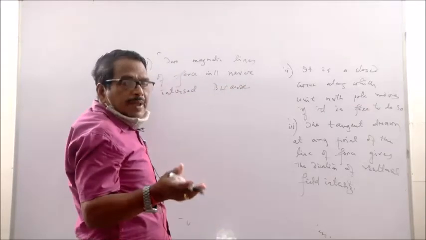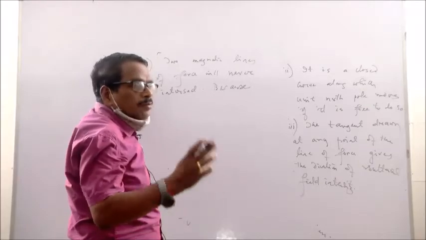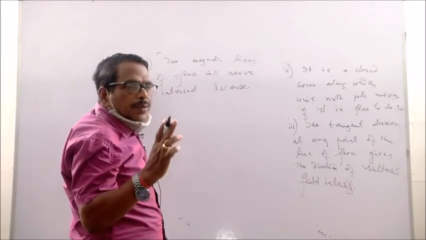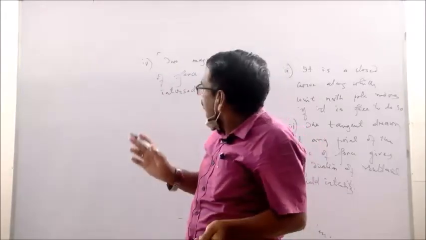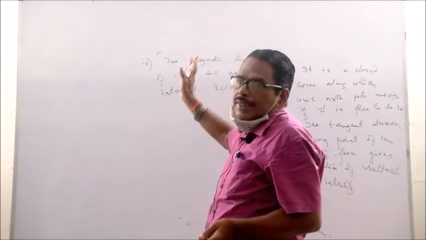Because if they intersect, suppose two lines of force intersect, at the point of intersection two tangents can be drawn. The direction of the tangent gives the direction of field intensity.